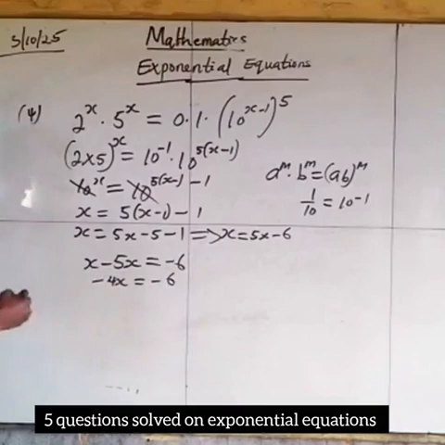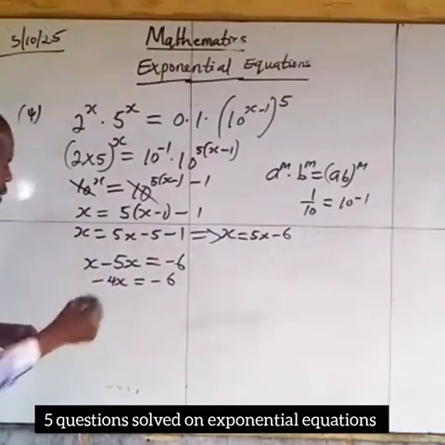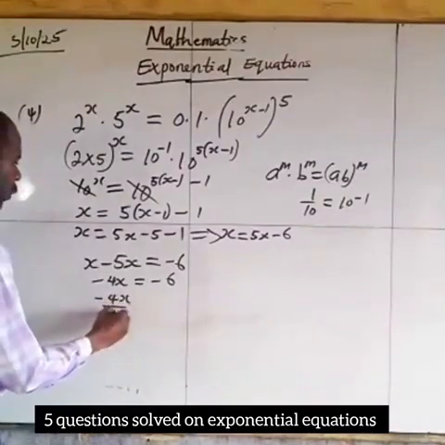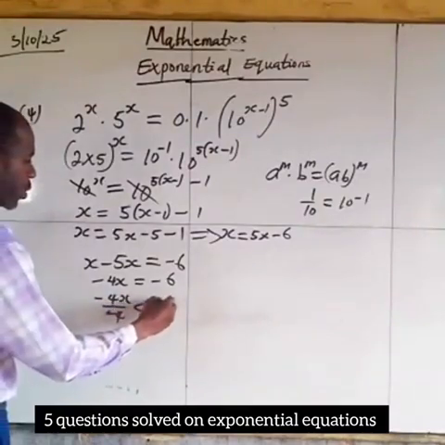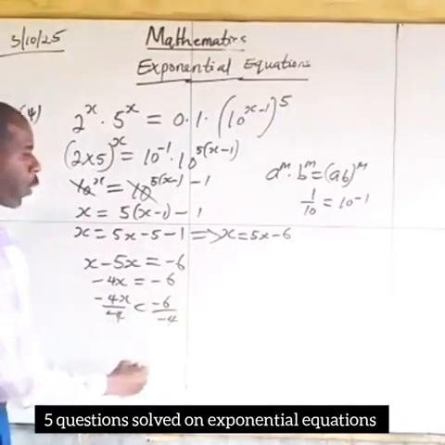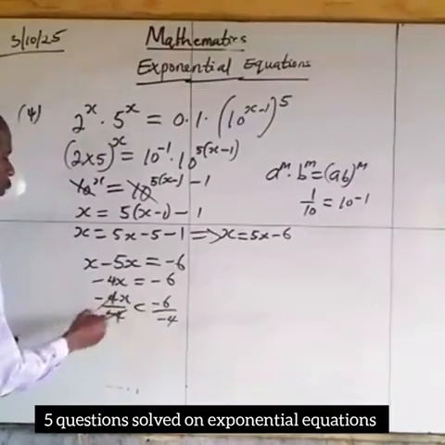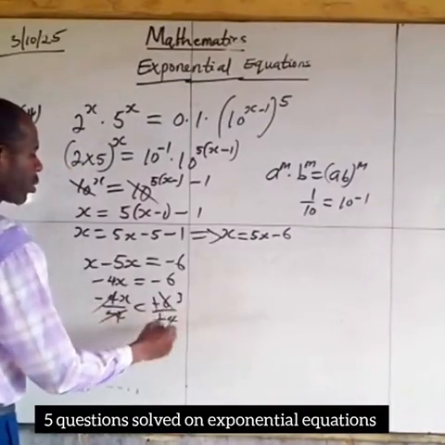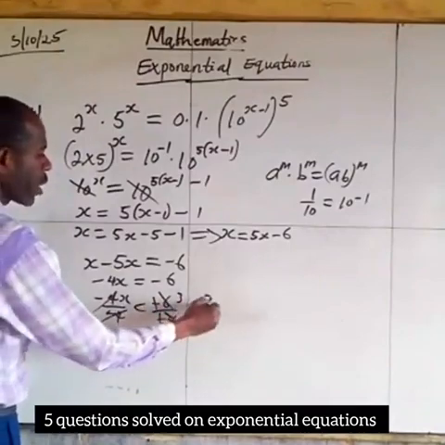Now let us divide both sides by negative 4. So we have negative 4x over negative 4 equal to negative 6 all over negative 4. Now 4 cancels 4, negative cancels negative, then we have 3 over 2.